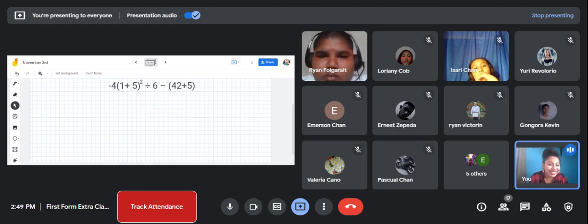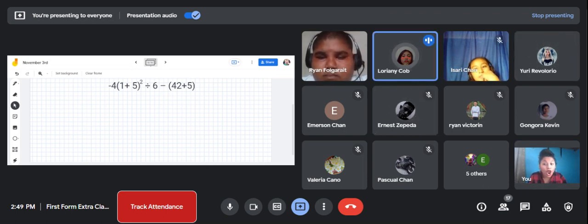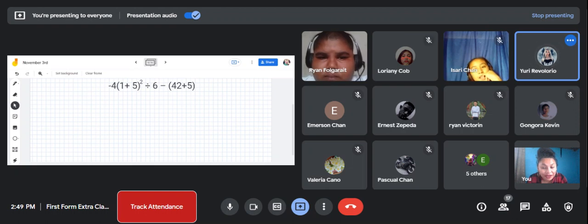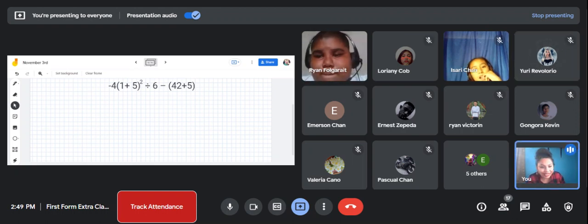Now, what is the first thing that I'm going to be doing? Brackets. Parentheses, 42 plus 5. Does it matter which brackets I'm going to do first, or can I do both of the brackets at the same time?